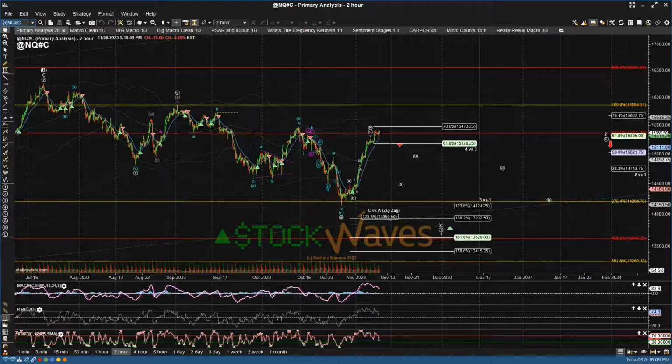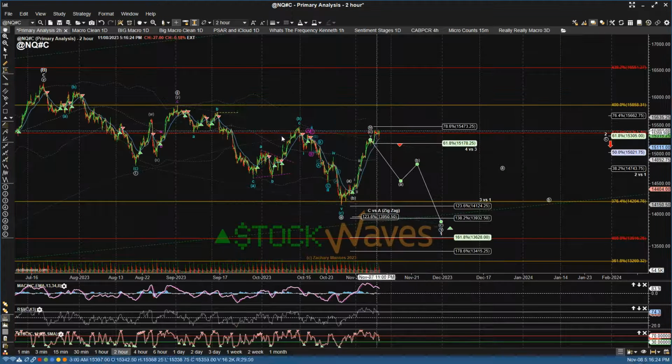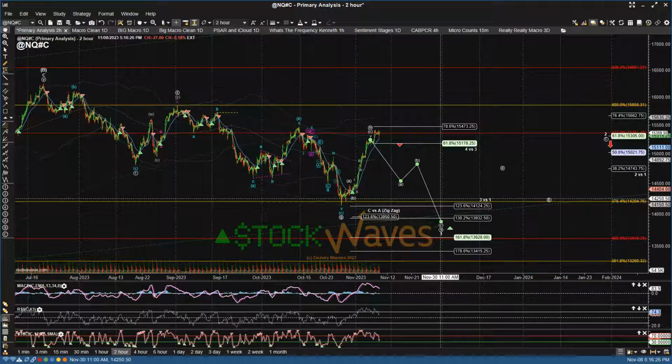So Ram asks, can you please explain a little bit more the structure of the ABC for the final fifth wave? So basically, it's very similar to what we're looking at here in NQ. An ABC for a fifth wave means that the entire structure is a diagonal. So a diagonal differs from an impulse in 2 major ways.